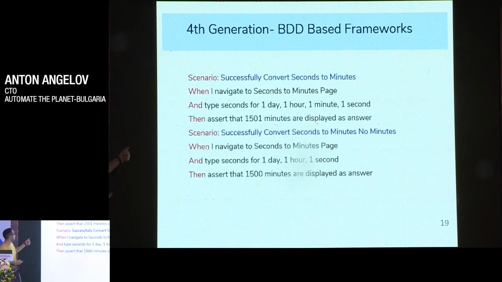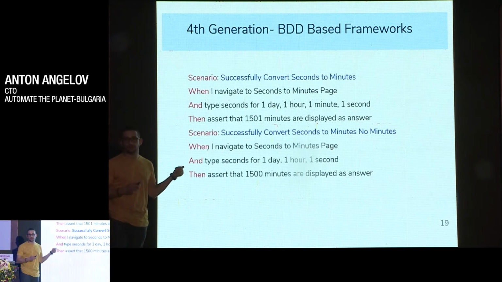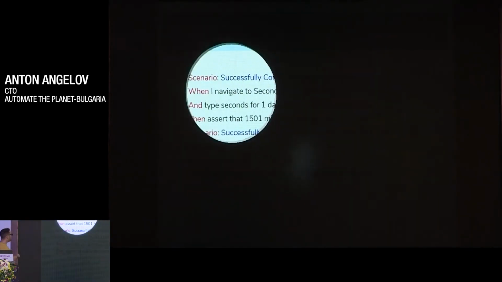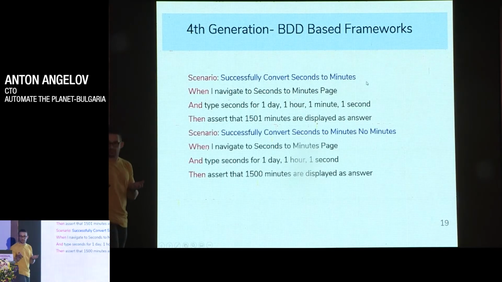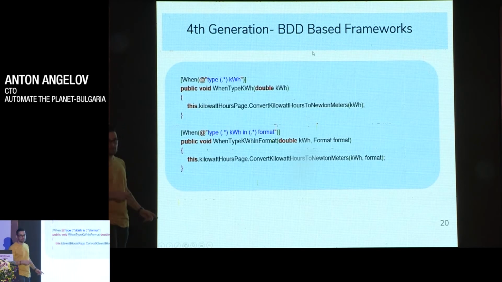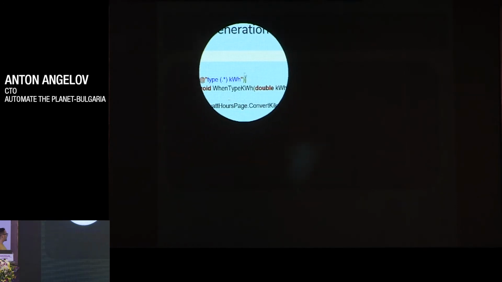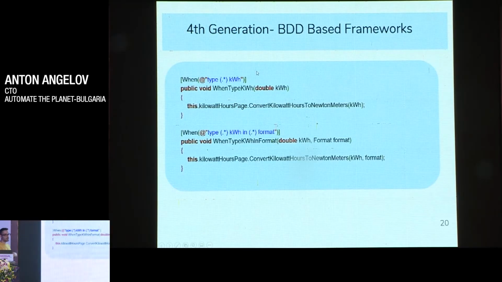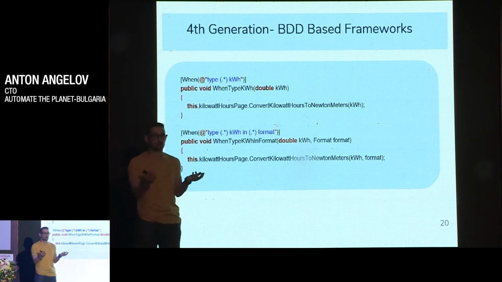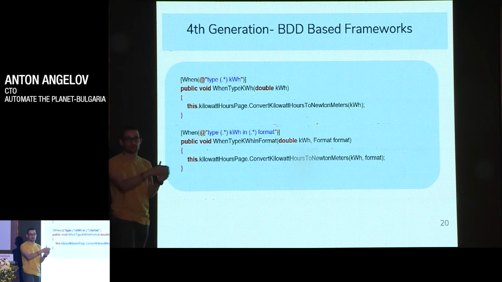Another type of fourth generation is the so-called BDD, behavior-driven development, that I told you about. This is the Gherkin language, where it's like a story, a Scrum story description. And in order for this to work, for each of these sentences, in another file you have a mapping method where, in these attributes or annotations, you put a regex expression or just a string, telling the framework how to map your sentence to the code that should be run.